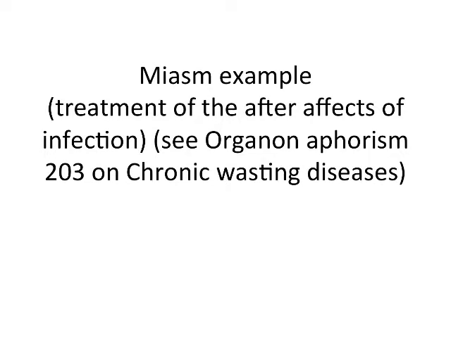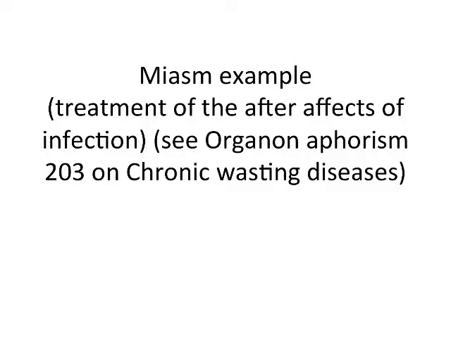Now, what we're looking at here is a miasm example, and although Dr. Shahrdar uses the word genus epidemicus, the usage is a little bit different. If you look at the Organon at aphorism 203, you'll see him talking about chronic wasting diseases.